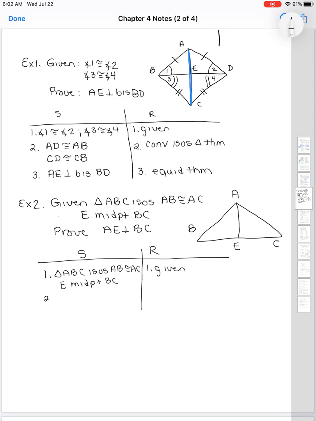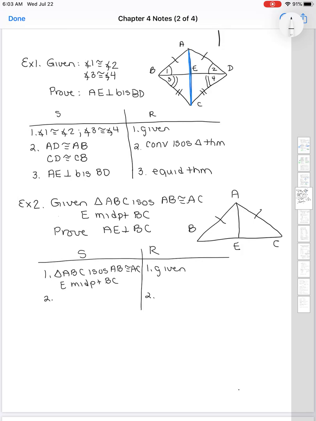A, B, E, and C. All right, so I got that and I got that.